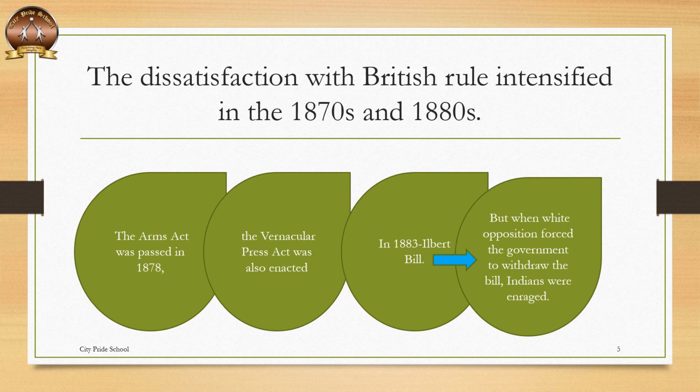But when white people opposed this, they forced the government to withdraw the bill. And when white people forced the government to withdraw the bill, Indians were very, very angry. Enraged means very, very angry.